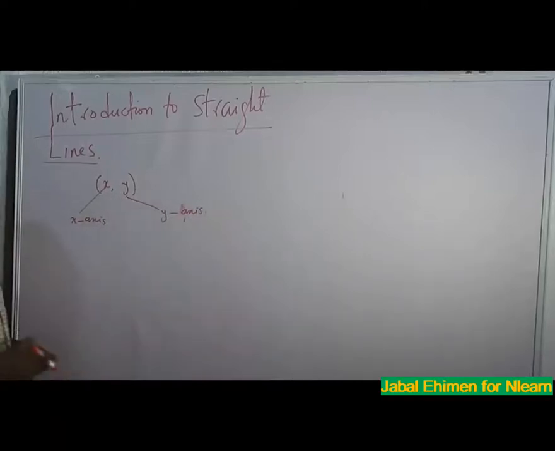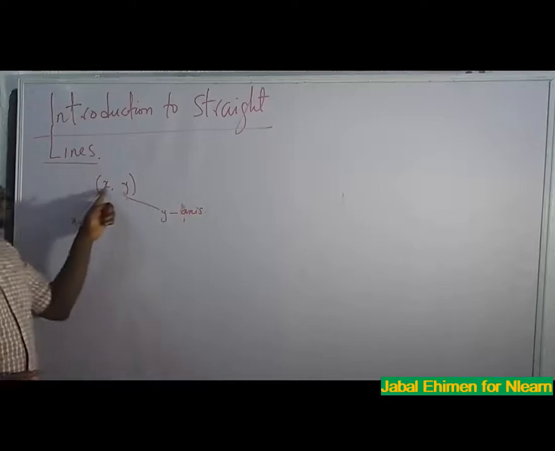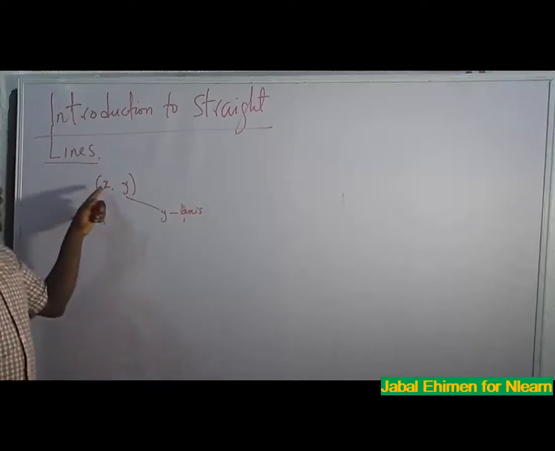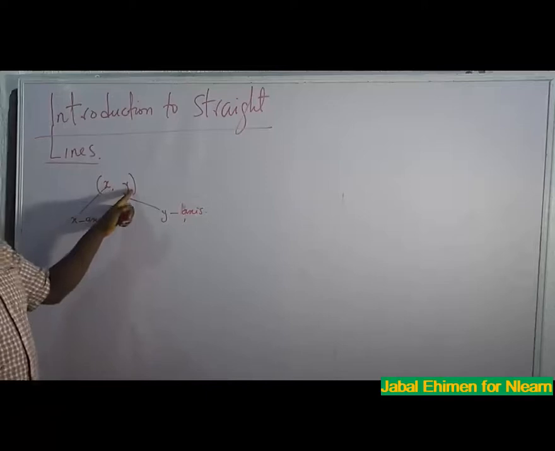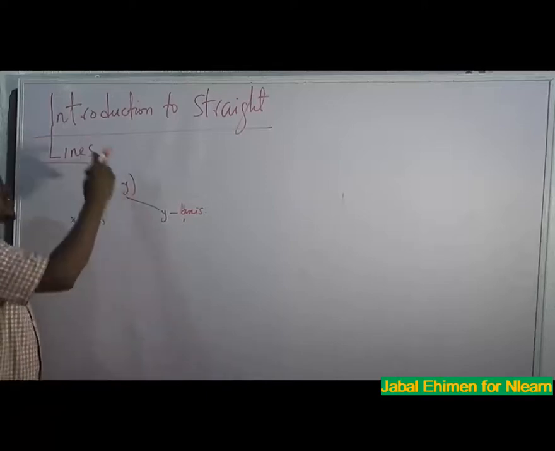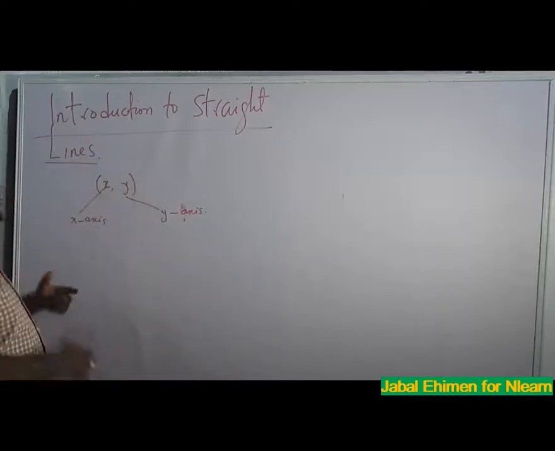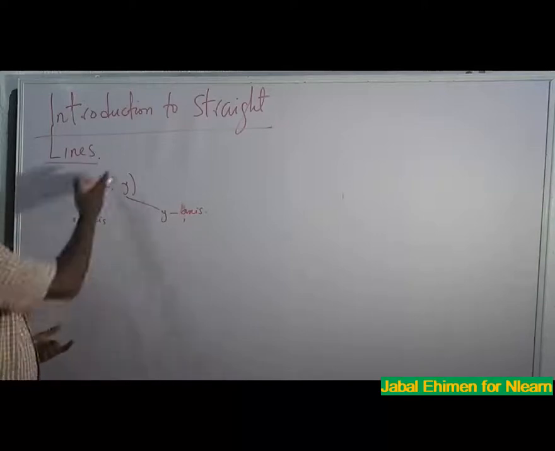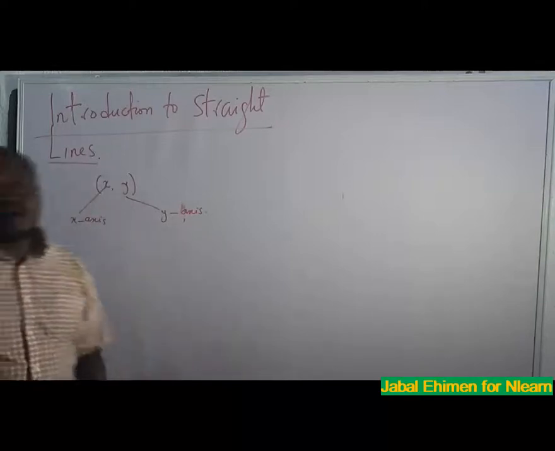But it can also be called abscissa, and this is called ordinates. You can call it abscissa, you can call this ordinates, but just basically simply call them x-axis and y-axis.